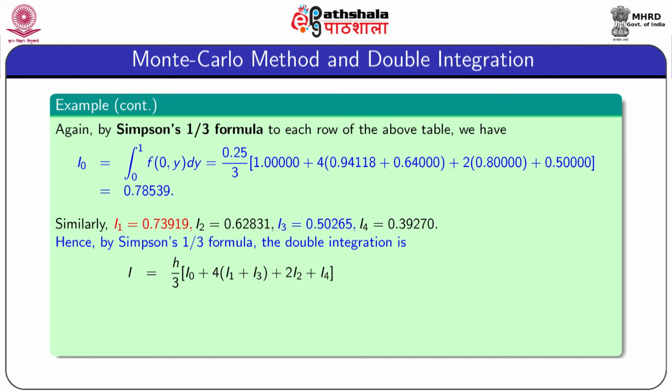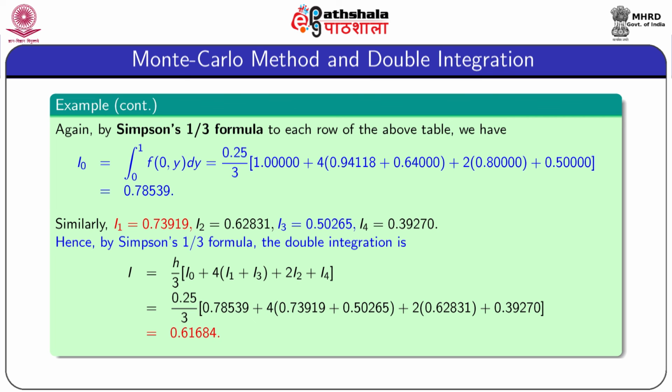And using the formula derived in equations 18 and 19, we get I equal to h by 3 into (I0 plus 4 into (I1 plus I3) plus 2 I2 plus I4), and it becomes this one, and after simplification the value is 0.61684. So, this is the value of the double integration obtained by the Simpson one-third formula.